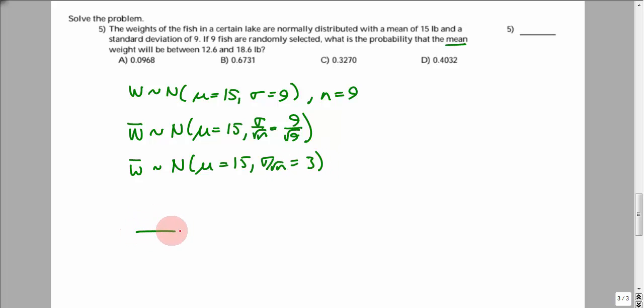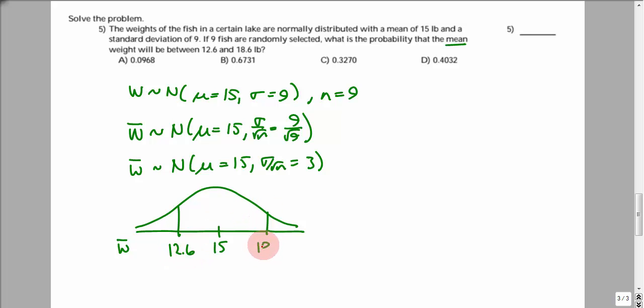Now I'm looking for the probability that the average is between, so this is W bar again, this is my W bar scale, 12.6, which will be somewhere to the left, and 18.6, which is somewhere to the right. So I'm trying to find this area that's shaded in between here.